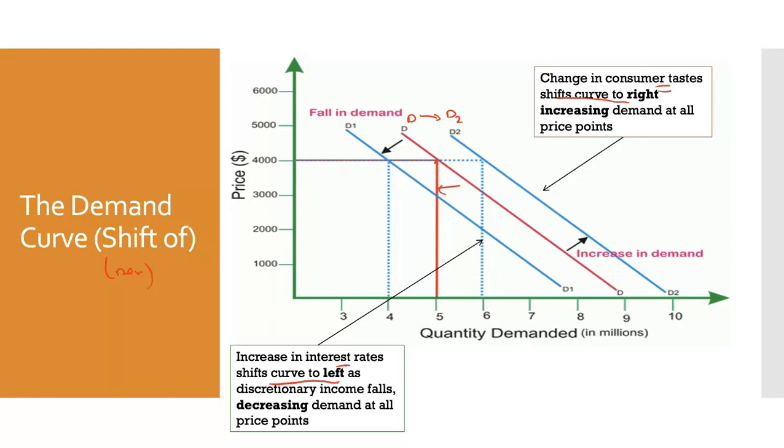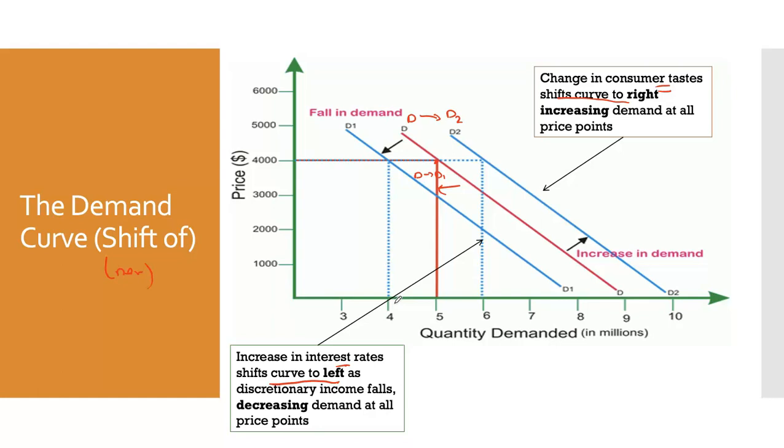And in this case, going from D to D1, I have a reduction in demand at all price points. And in this case, at $4,000, only 4 million is demanded. So I have decreased demand at all price points as a result of this.